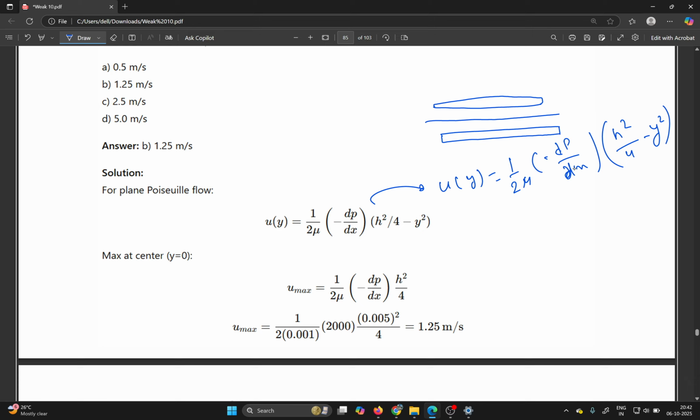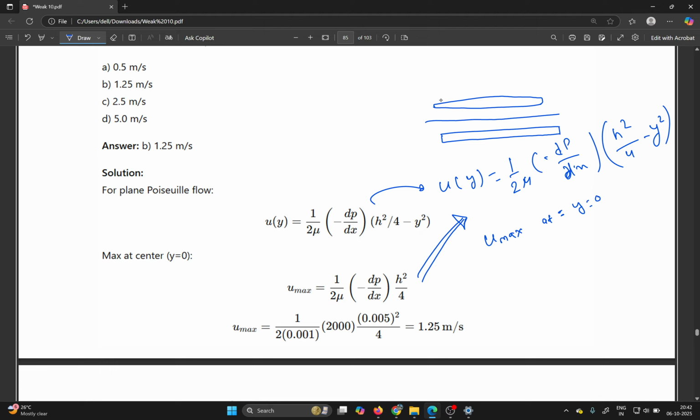This is your final equation. I think sir has already taught you this very clearly. When you calculate u max, you will get it at y equal to 0.